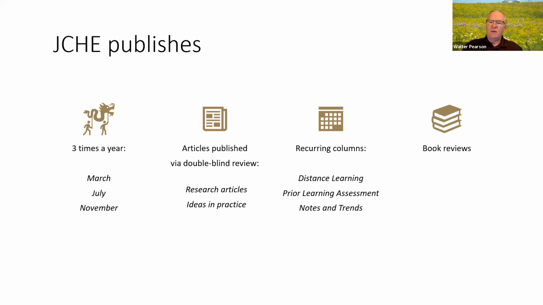We try to publish everything through a double-blind review, and I'll explain what that means in a few minutes. We publish both research articles and what we call ideas in practice, and I'll cover that in a minute. We have some recurring columns: a distance learning column, a prior learning assessment column, and notes and trends. And then occasionally we publish a book review, and I will cover that as well.